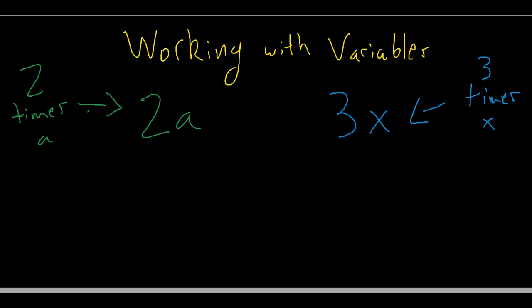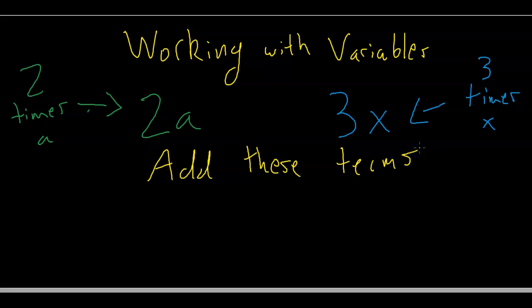All right, so let's say we had these two terms, and let's say we wanted to add these terms together. Well, let's think about what we would do. Well, you see there's a 2a on the left-hand side, and there's a 3x on the right-hand side, right?